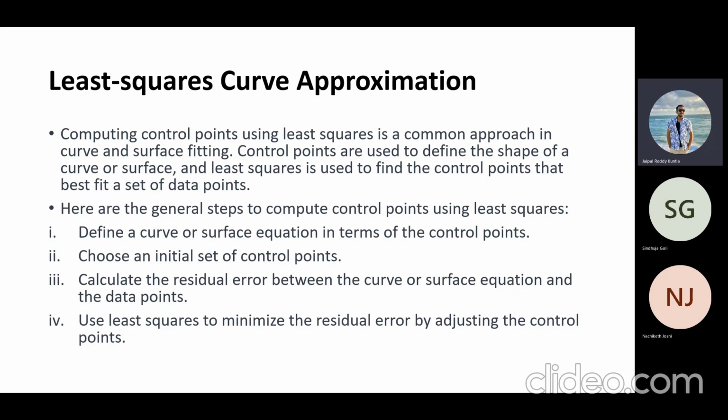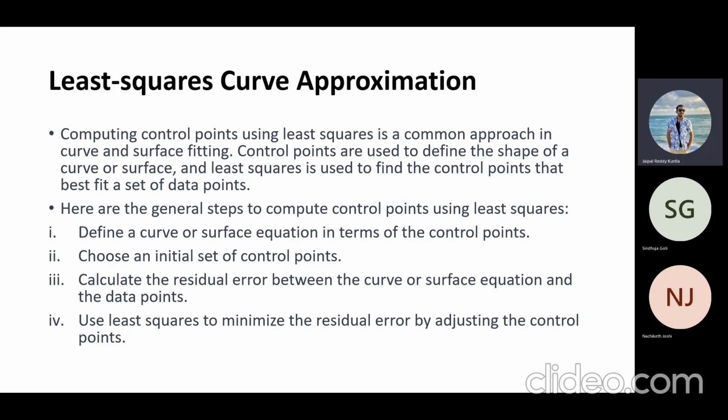Least squares curve approximation. So for this we use control points. Computing control points using least squares is a common approach in curve and surface fitting. Control points are used to define the shape of the curve or surface, and least squares is used to find the control points that best fit a set of data points. What are the general steps to compute control points using least squares?